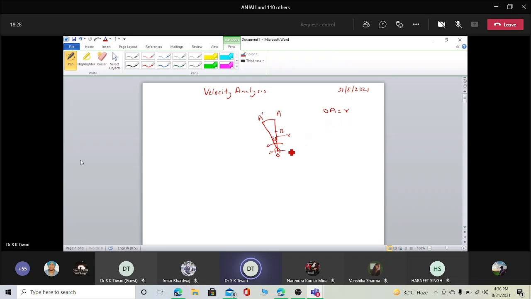The link is rotating in the anti-clockwise direction about the point O with uniform angular velocity of omega radians per second.